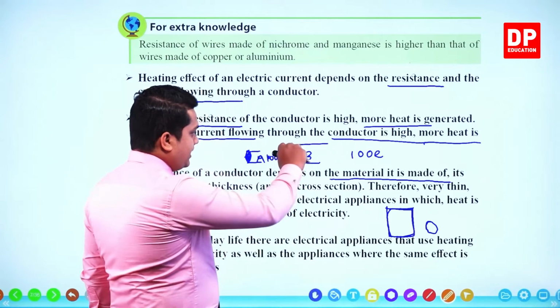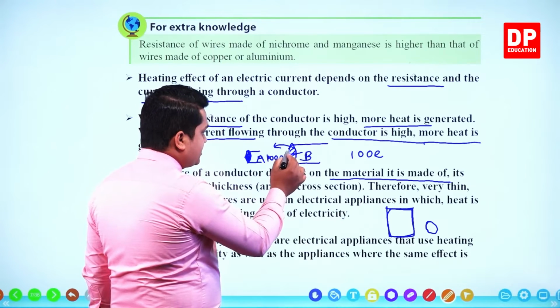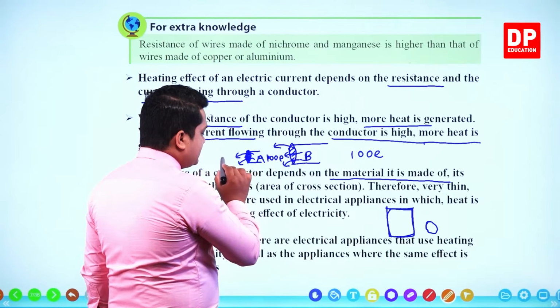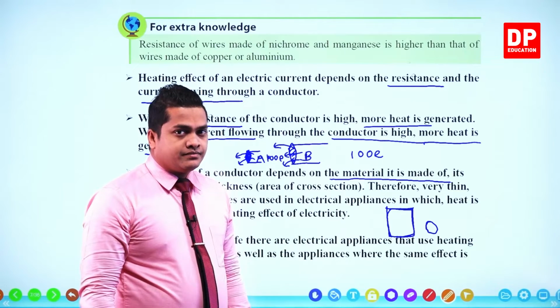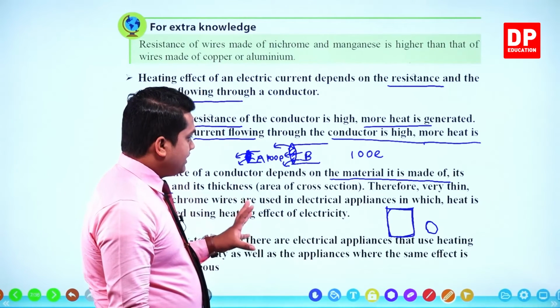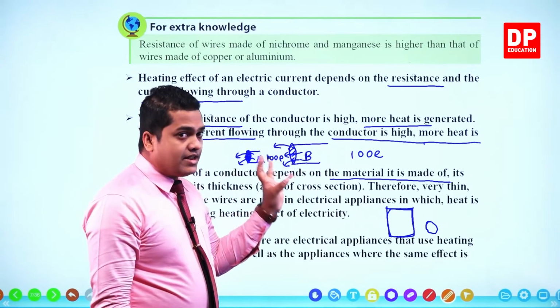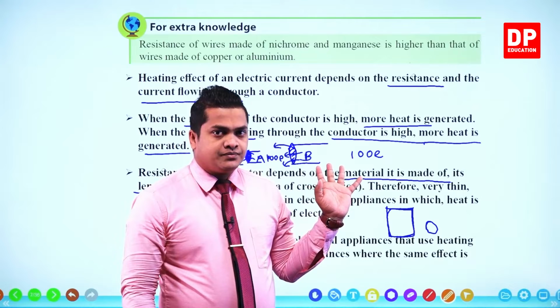When the cross-sectional area is greater, more and more particles can come and jump out from the system very fast. However, when it is lower, a smaller number of particles get out from the conductor. You know that these things are particles, no?